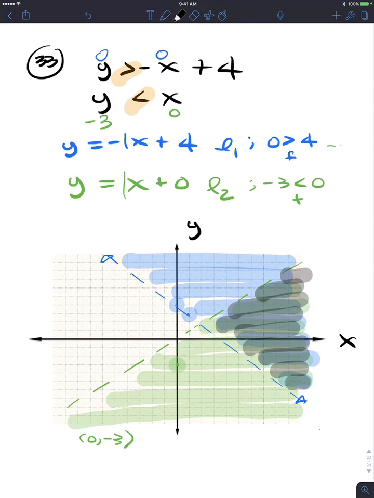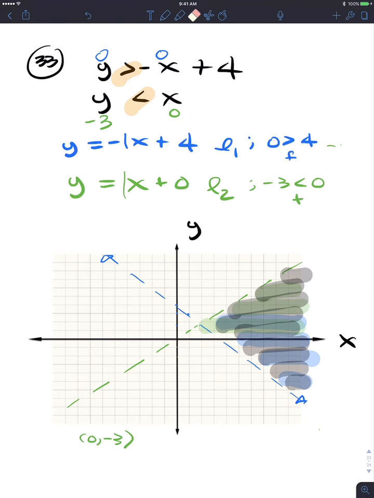So we simply erase the points in blue, the points in green, and keep the points that are in both blue and green. Keep in mind that you have a dotted boundary here for both lines. If you like, you can erase some of these lines. This is your answer.